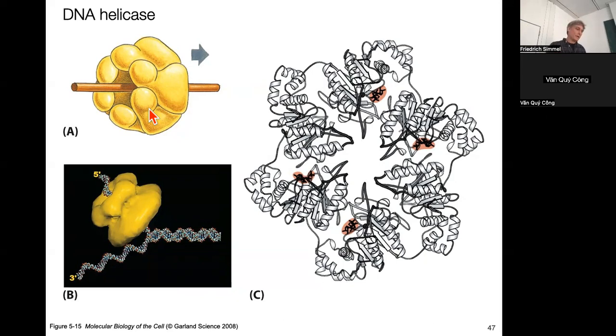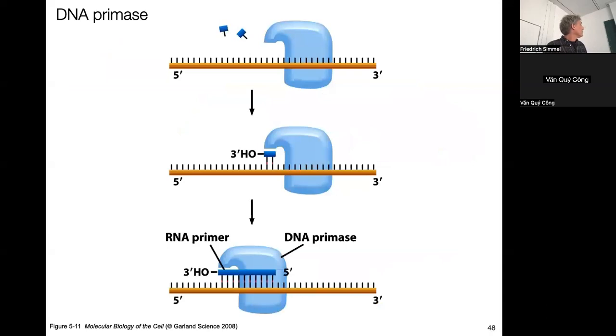In the language of molecular motors, a processive motor is a motor that runs along its track for a very long time without falling off. And so when you make a ring around such a strand, you cannot fall off easily. That's probably one of the reasons why these look like this.